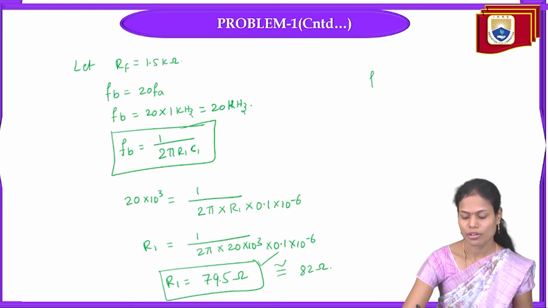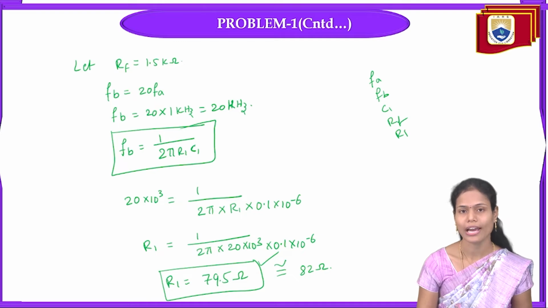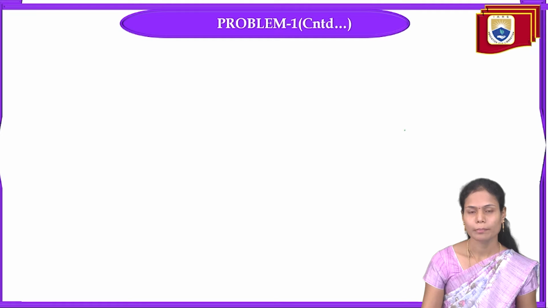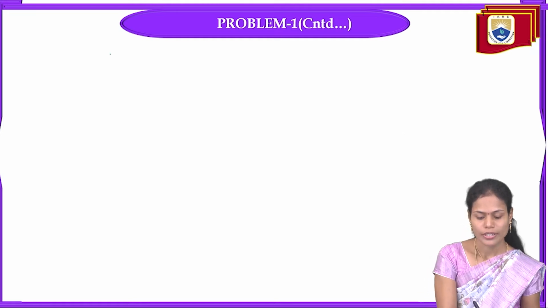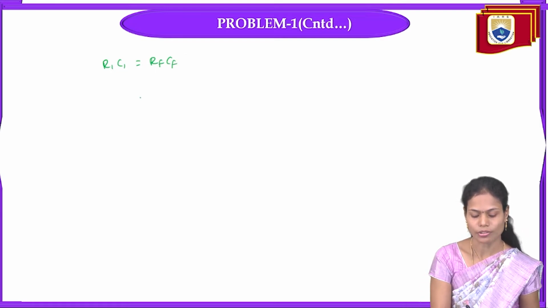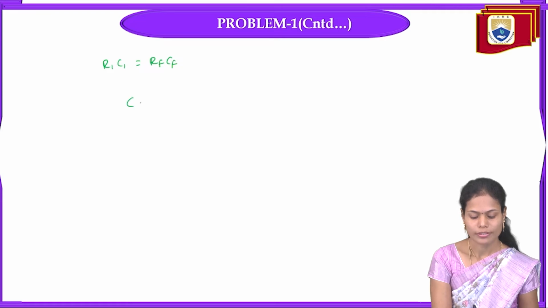Now we know the values of FA, FB, C1, RF and R1. So next we need to calculate the value of CF to design the differentiator. So how we can get that particular CF value? From the relation R1 C1 equal to RF CF, we can calculate this CF value here. So from this I can write CF is equal to R1 C1 by RF.